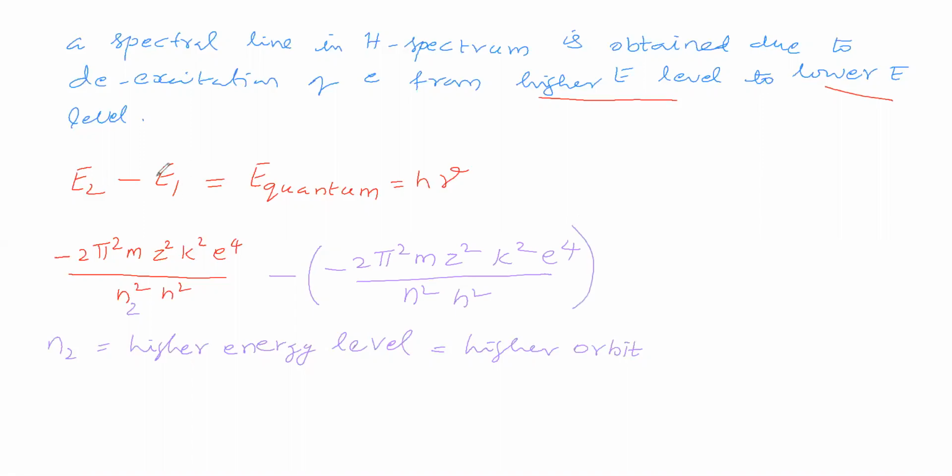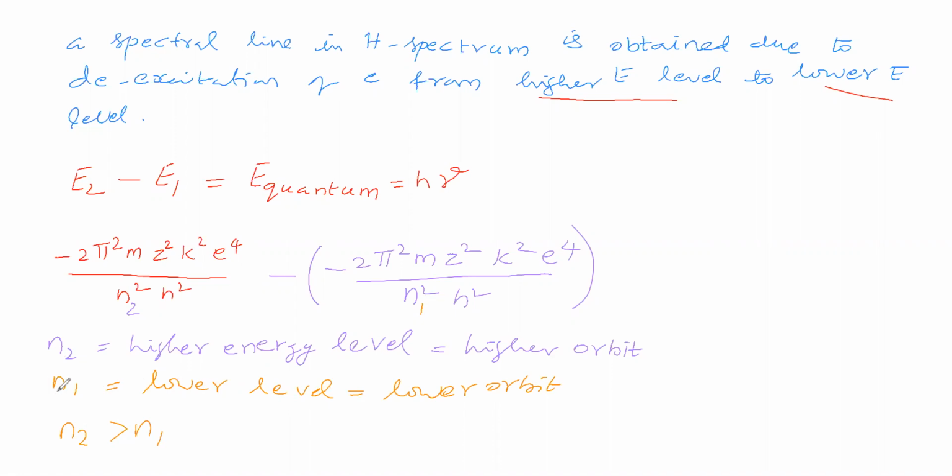It is the energy for which level? The lower level. For the lower level, we simply substitute N1. This N1 indicates the lower level, that means the lower orbit. Lower orbit need not be 1, it can be any value. Whatever it is, N2 should be greater than N1.